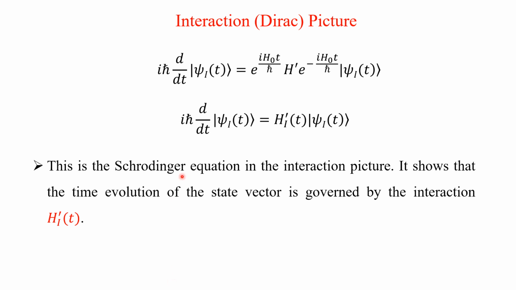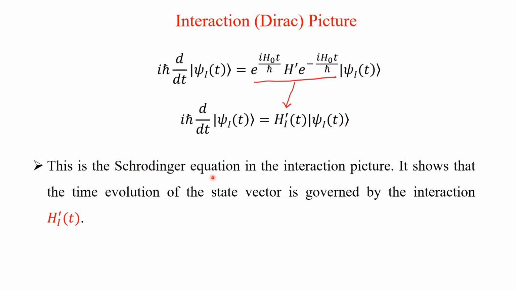So now we got this expression. Here you can see this exponent term and the inverse of this exponent term. In between you have H prime, which is defined as H_I prime. I indicates the interaction picture, which is a function of time t, which acts on the ket vector psi_I, which is a function of t.